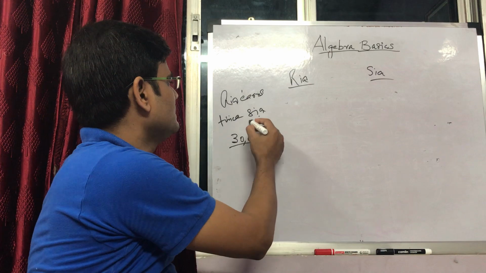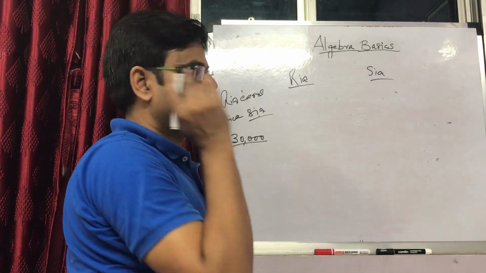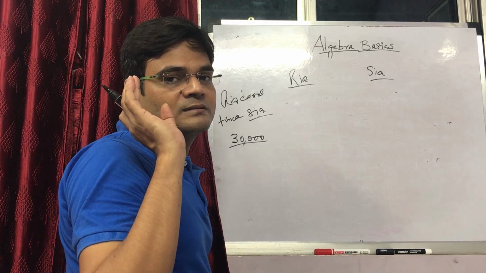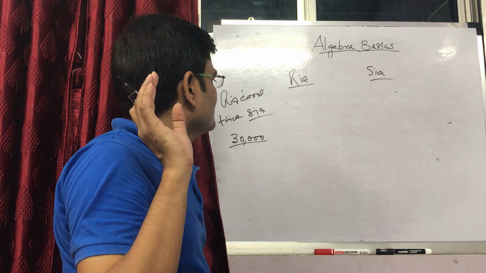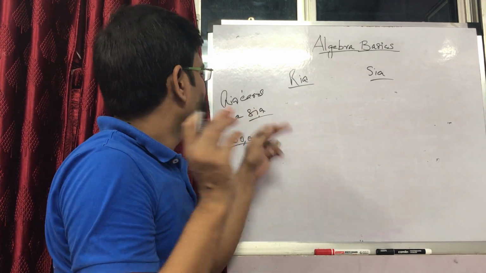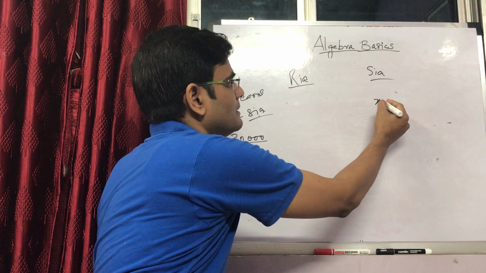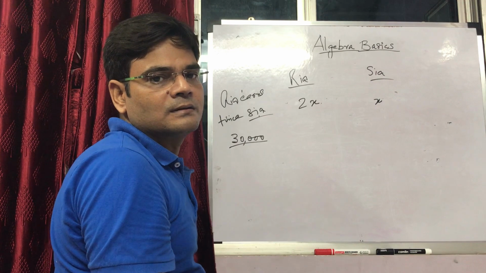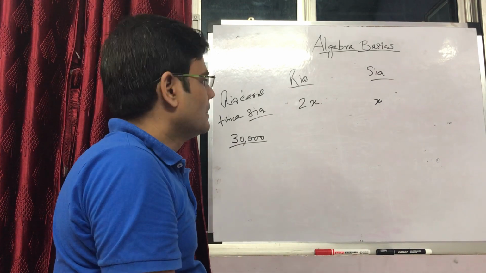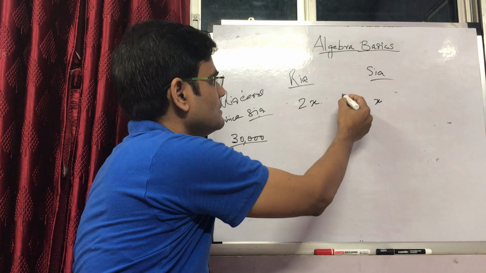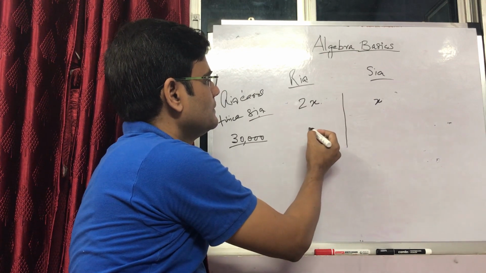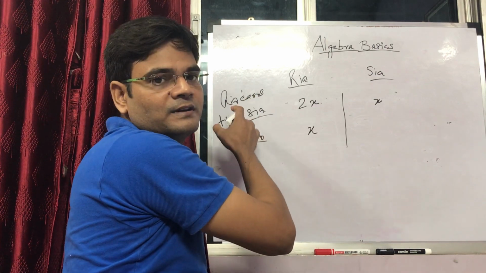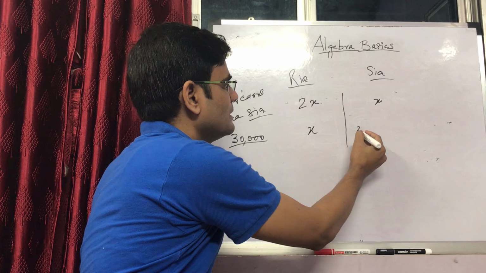Now twice Sia. So an intelligent or a smart guy, I won't say intelligent because everybody is intelligent, it's all about common sense, whether you are applying it or not. If Sia earns x, then Ria earns 2 times x. And in the second situation, if you say Ria earns x, then Sia earns half of Ria, that means x by 2.